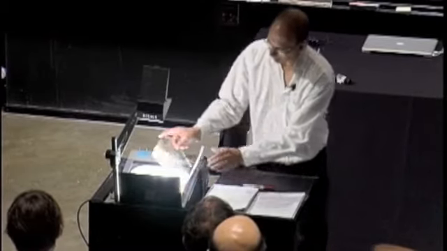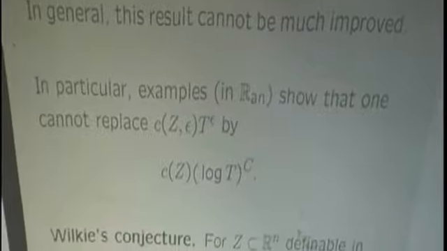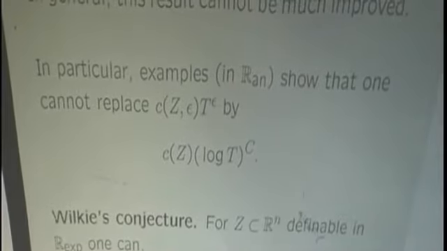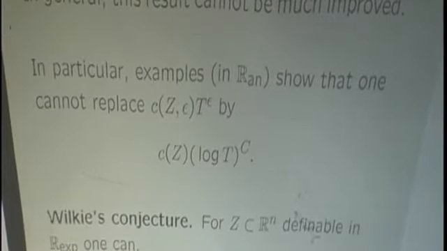So, just finally, before completing this part, this result cannot be much improved in general, and in particular, you can write down examples where you cannot replace T^epsilon by a power of logarithm.